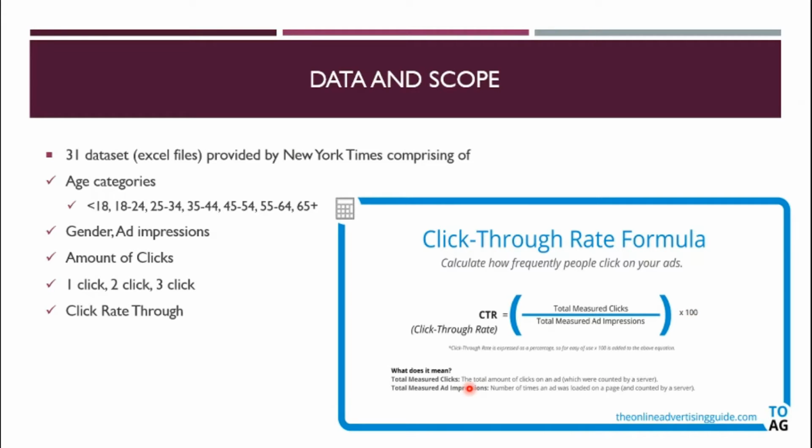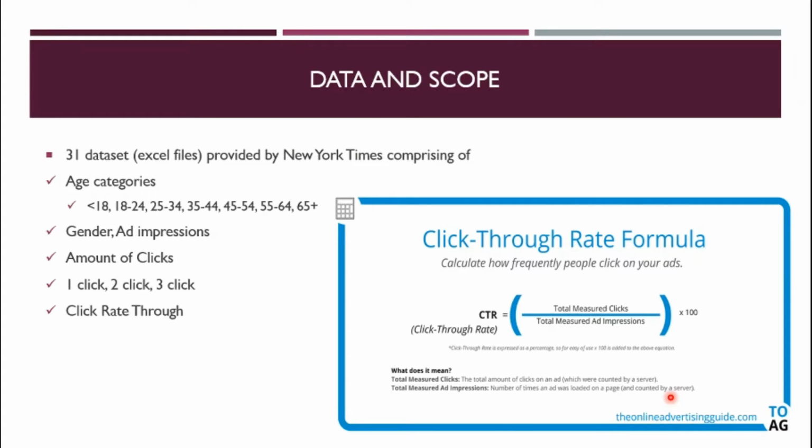So what does it mean? Total measured clicks is the total amount of clicks on an ad which were counted by a server. Every time you click on an ad, the server counts 1. Total measured ad impressions is the number of times an ad was loaded on a page and counted by a server. For example, you are browsing a web page and you see an ad.